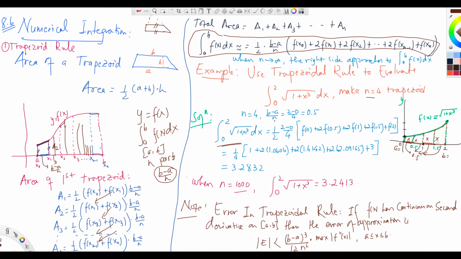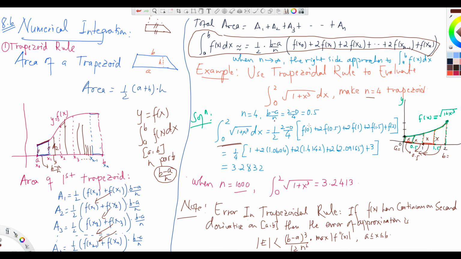You see that the last one and the first one will have 1 times in the formula: 1 times f of x0 and 1 times f of xn, but the middle ones will have 2 times. So we will have f of x0 plus 2 times f at 0.5, plus 2 times f at 1, plus 2 times f at 1.5, plus 1 times f at 2. That's what you will get.